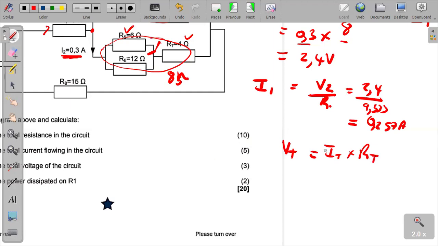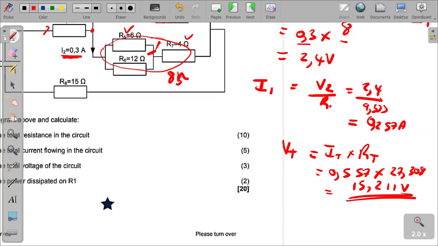So we take the total current, 0.557, and multiply by the total resistance, 27.308. If we multiply, we end up having 15.211 volts. That marks our total voltage of the circuit.